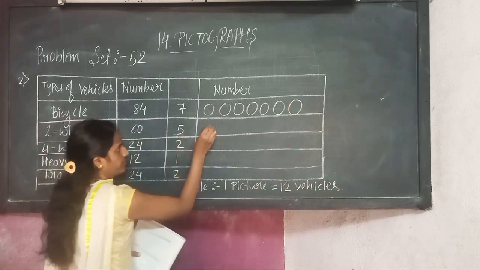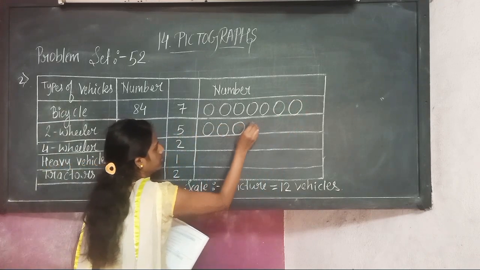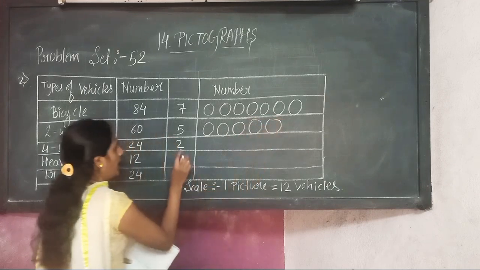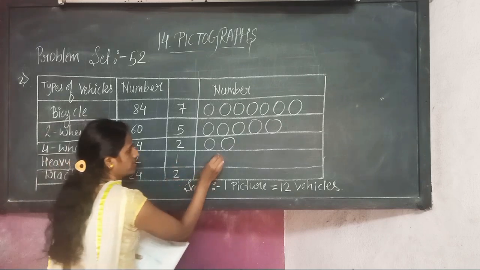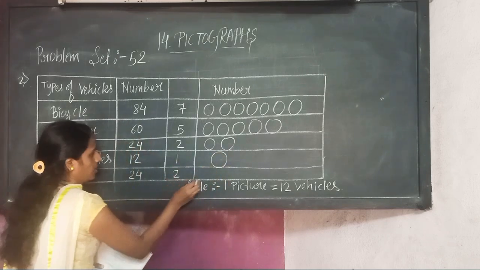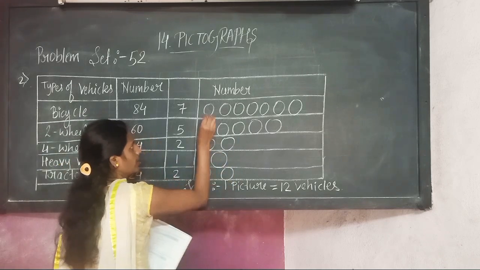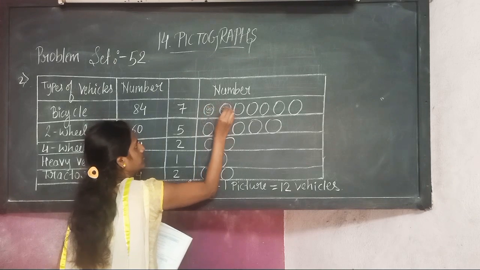For two-wheeler we have to draw 5 pictures. And here we will draw 2 pictures. And for heavy vehicles we will draw only 1 picture. Again here we will draw 2 pictures. You can draw a smiley for this.